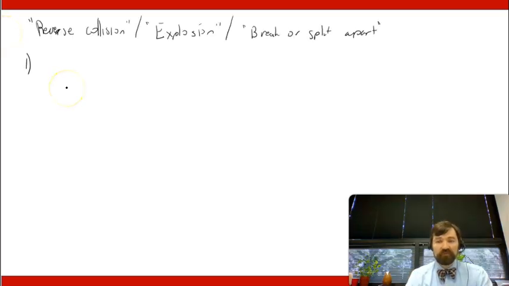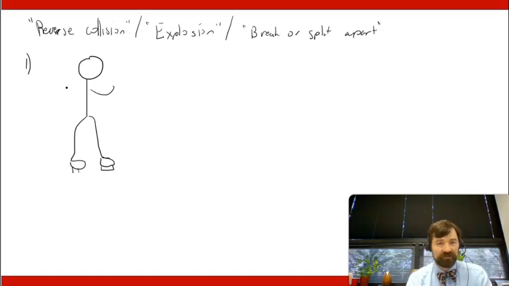Example number 1 would be 2 people that just push off of each other. So maybe we have a couple of ice skaters, and in fact, I discussed this example earlier when I first discussed momentum conservation. You have your ice skater, and then a second ice skater that's pushing off from the first ice skater.